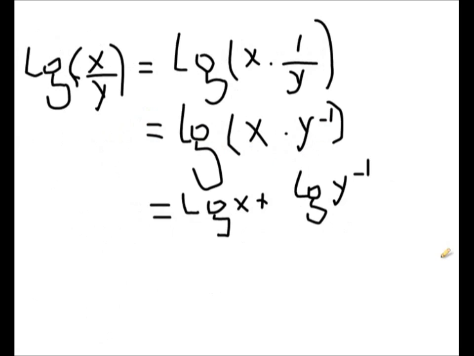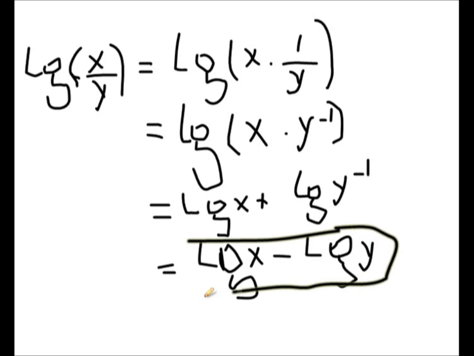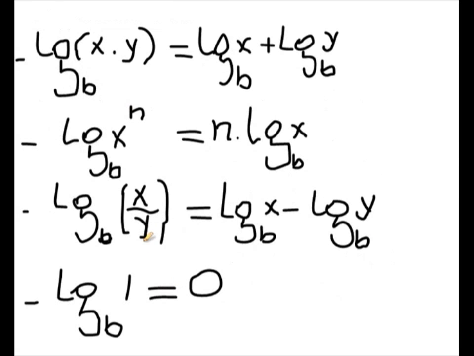So I have log of y to the power of minus 1, so this is going to give me log of x, and the minus 1 is going to be here, so I'm going to have minus log y. I hope you understand. So this property is really understood now. When you have a division, this is converted to a subtraction. Okay, when you have a division, this is converted to subtractions.